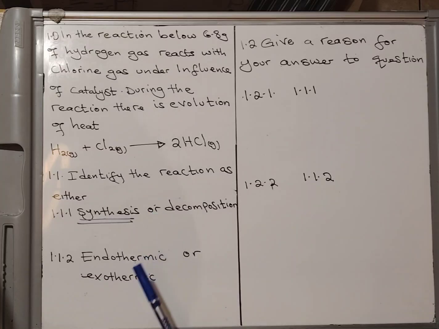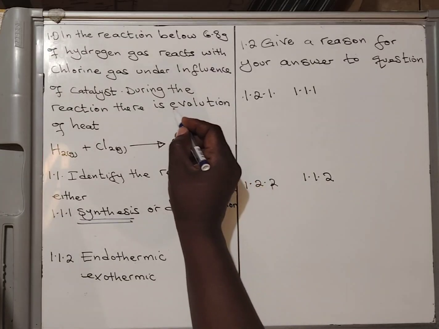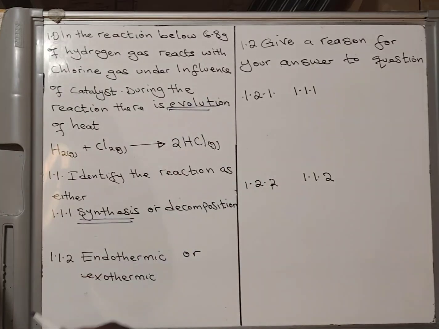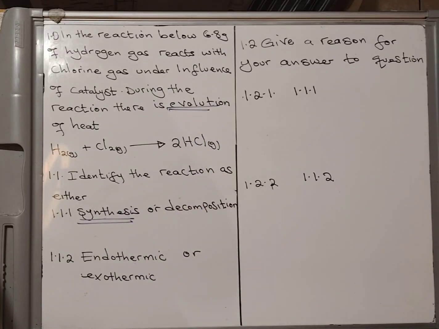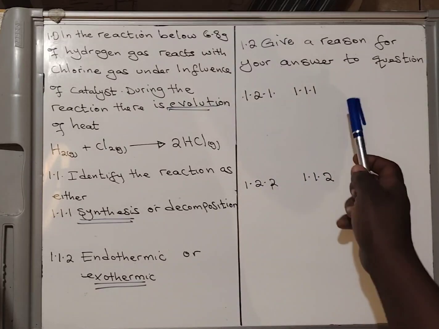And for exothermic, heat or energy is given out. So this statement is the one which confirms that the reaction is what? Exothermic. The evolution of heat, the giving out of the heat is what confirms that the reaction is what? Exothermic.